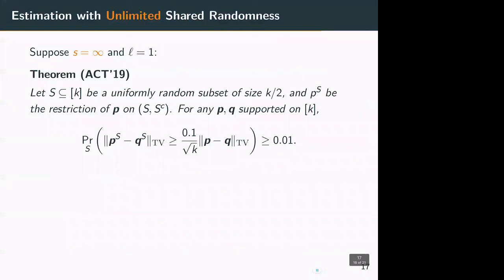Now, basic results, and this again I would like for you to try as an exercise, because this is a much simpler question. So consider distributions over a domain of size k. Now imagine you pick a subset S of size k over 2 of these k elements. So you pick a random subset of size k over 2.